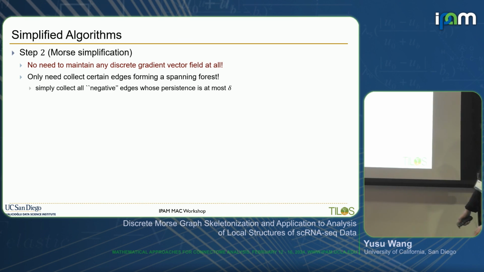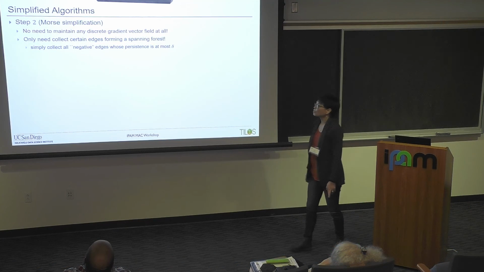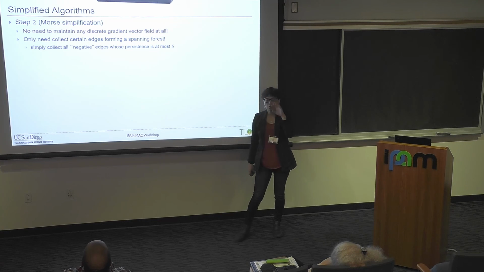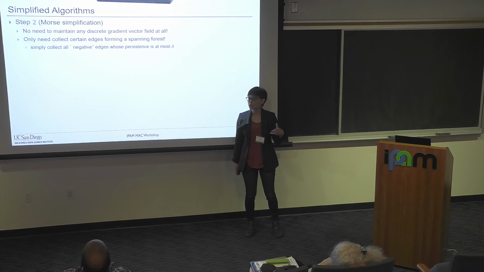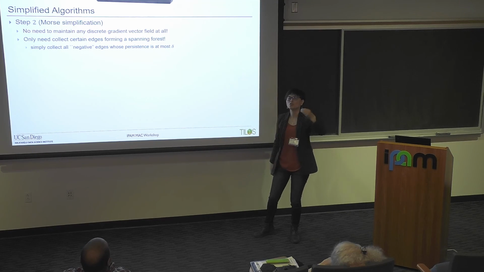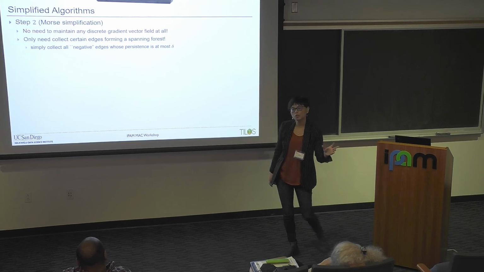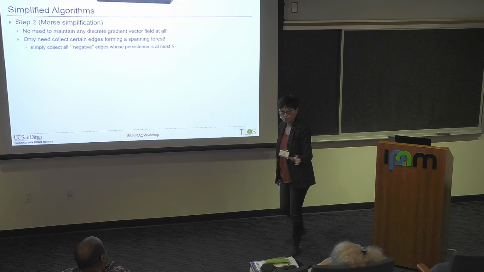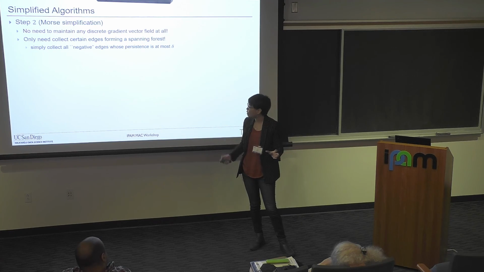And it turned out that you don't need to do that. It turned out that after the persistence algorithm, all you need to do is just look at the so-called negative edges, which essentially are those kind of edges that destroy homological features, okay? You collect all of them whose persistence is at most delta. This is going to give you a spanning forest of your input points.